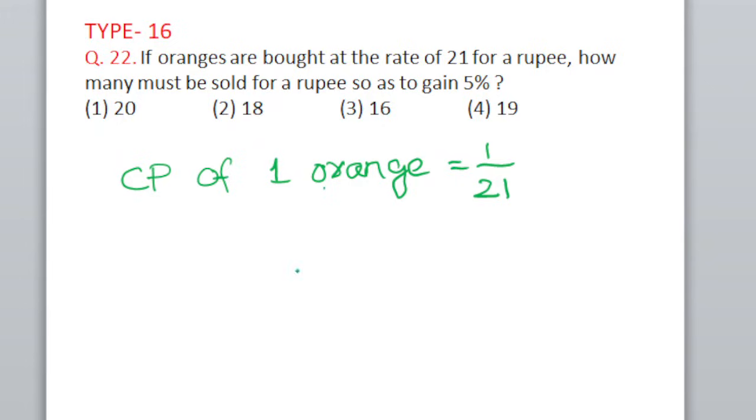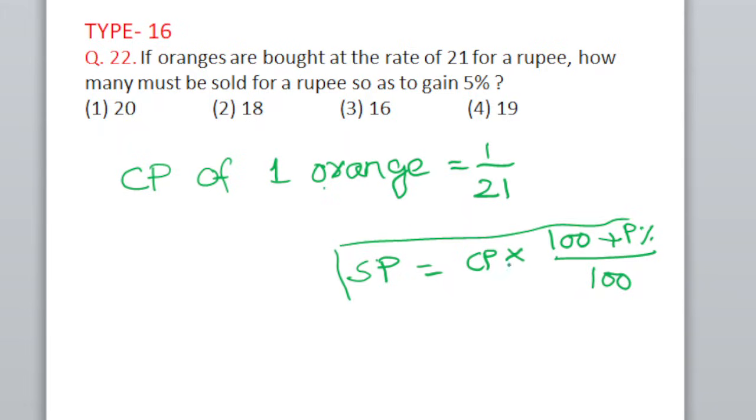Now here students, as you know that I have told one formula, that is SP is equal to CP into (100 plus profit percent) divided by 100. Now here I shall use this formula.